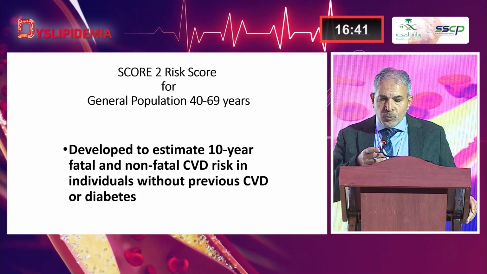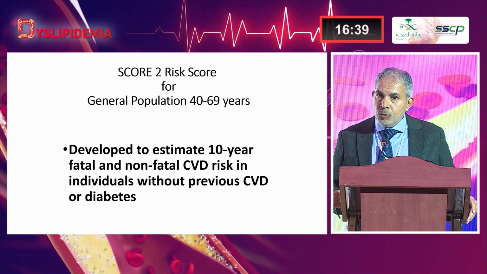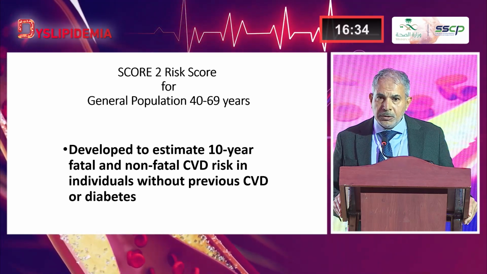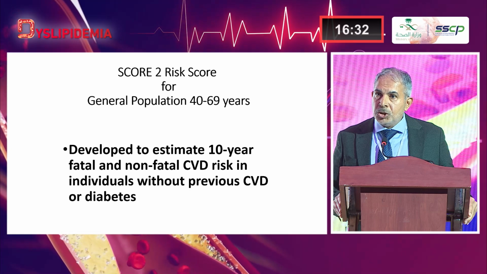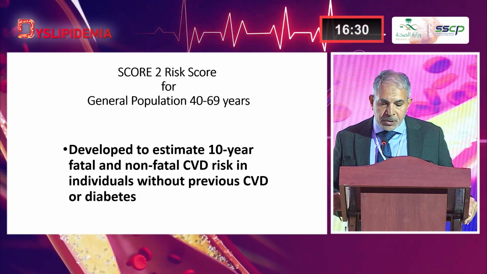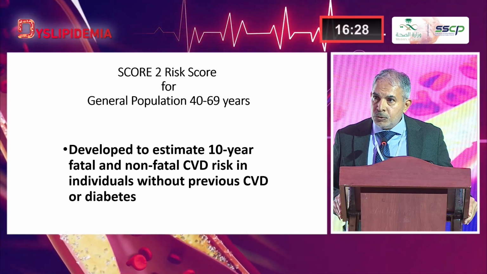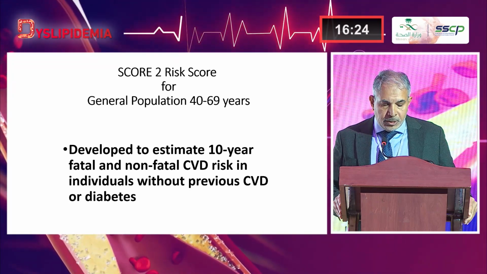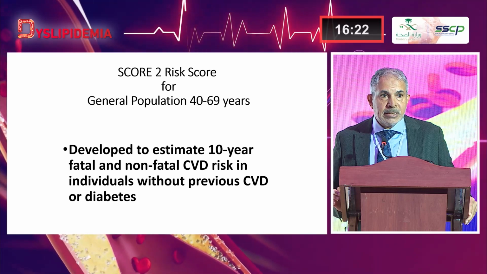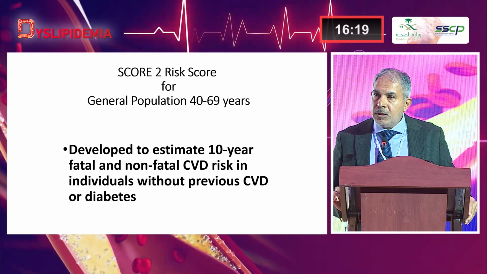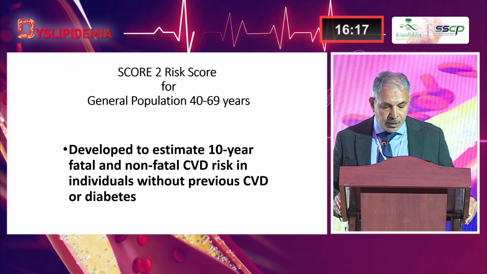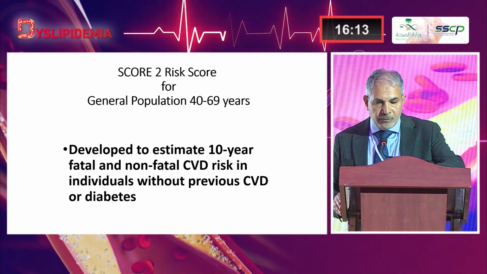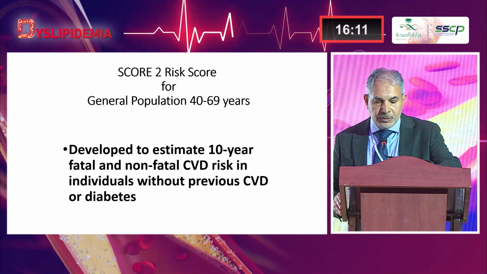Now, there are 2 score systems: the SCORE system and the SCORE2 system. In our guidelines, we did not differentiate these 2. I personally find the SCORE2 system probably a better tool to be used. It's been developed to estimate the 10-year fatal and non-fatal risk of developing cardiovascular disease in people who did not have previous cardiovascular disease.